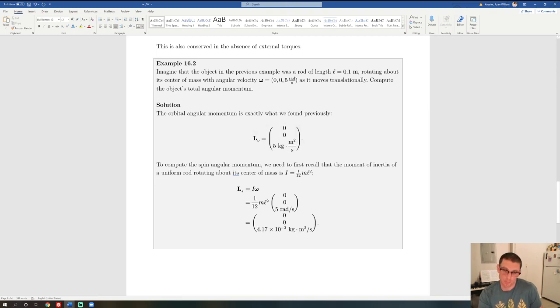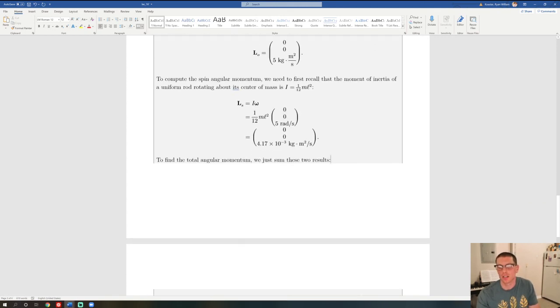But anyway, to find the total angular momentum, we just sum these two results.